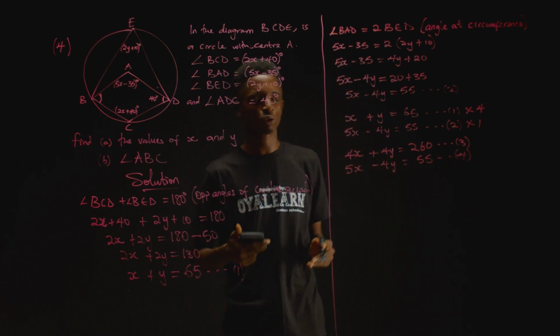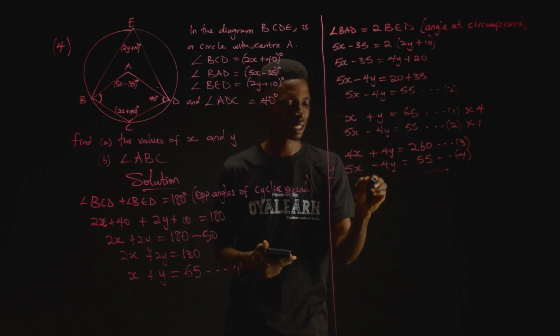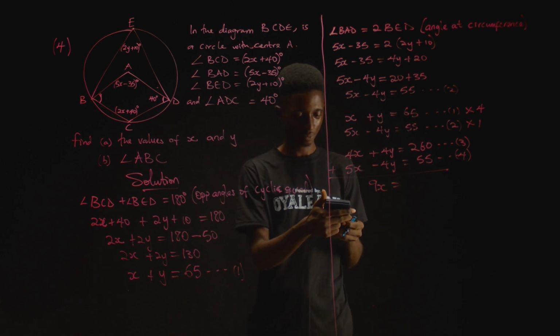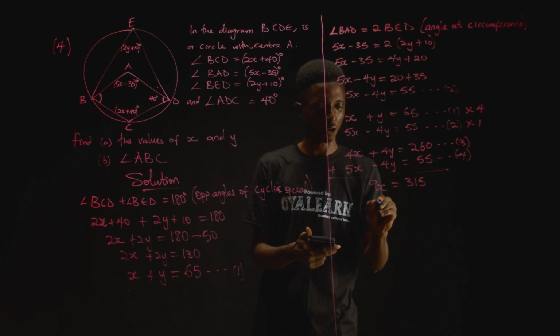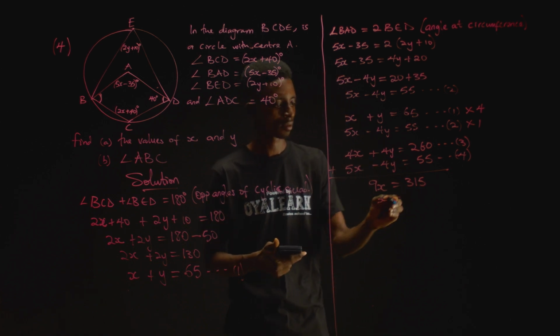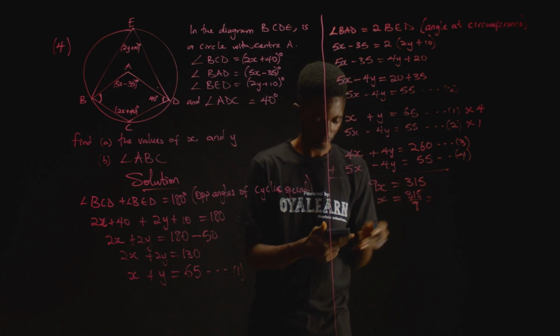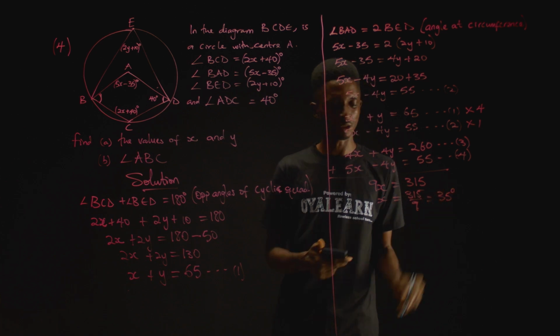Now we add them together to eliminate y. So when we add, this would give us 9x equals, now let's add this other part, 315. Therefore, x is 315 divided by 9, and that gives us 35 degrees.